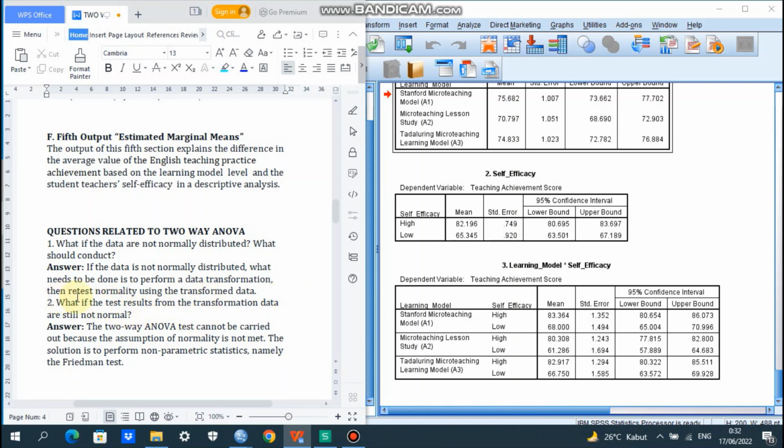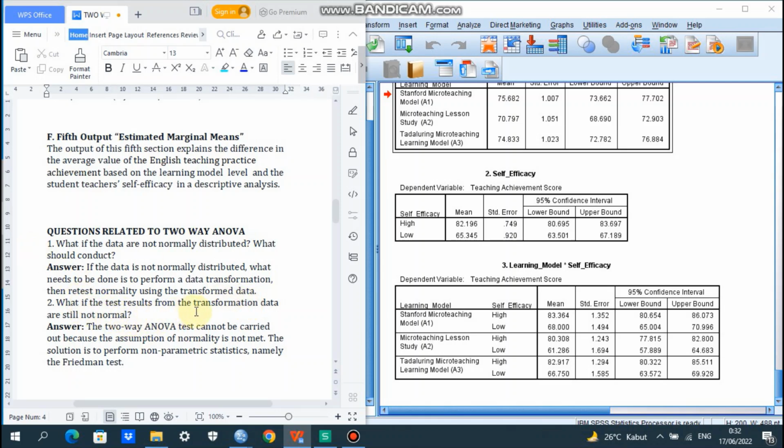And then retest normality using the transformed data. You can conduct the research again, you have to do it again, ya, until you get data that are able to be distributed normally.